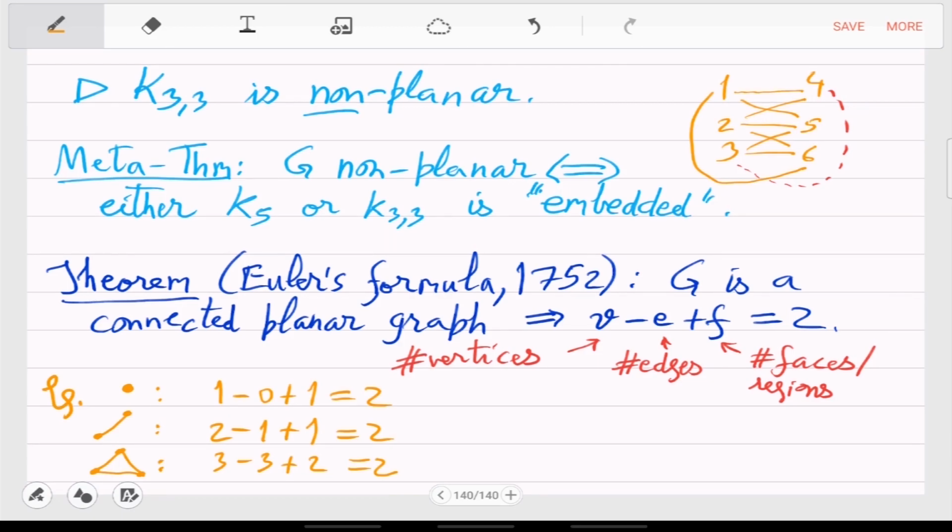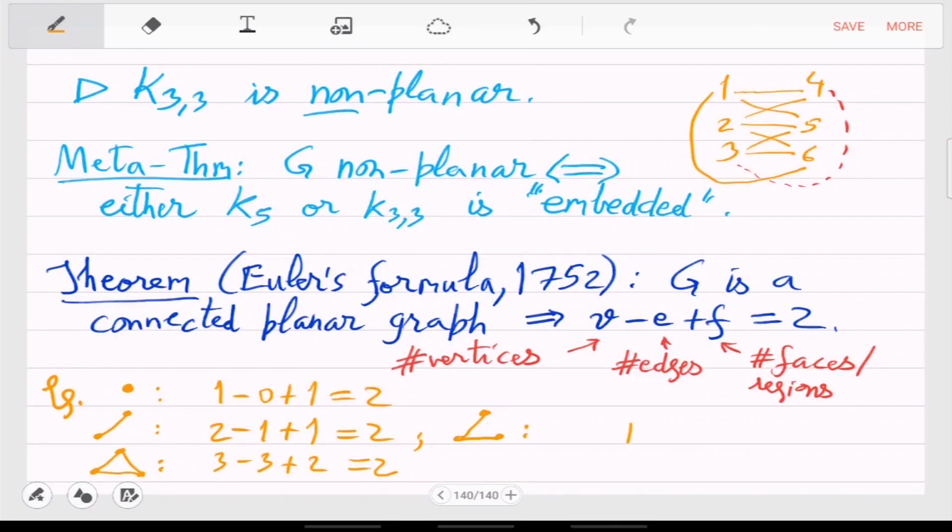How do you prove this? The proof is actually in these examples. Okay, maybe I jumped an example here. There is one more example where there are 2 edges. In this case, how many regions are there?